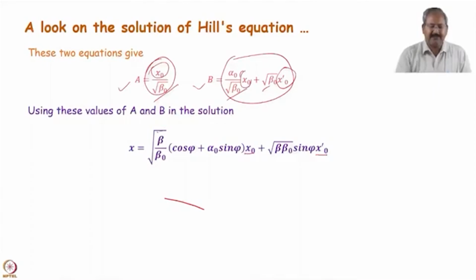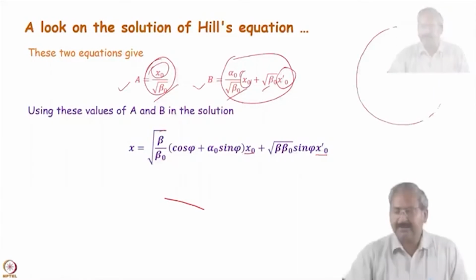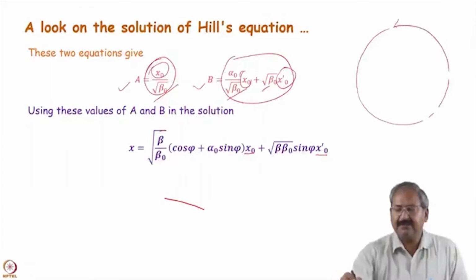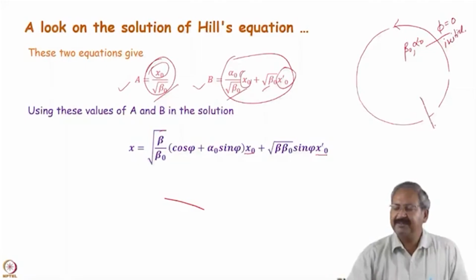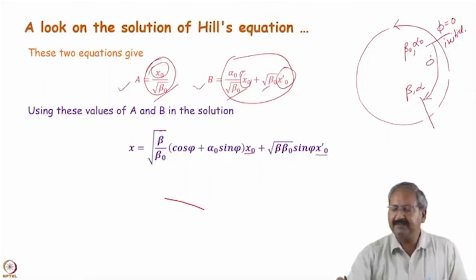Here, suppose this is the orbit of the synchrotron and this is our initial point, where we are defining beta 0, alpha 0 and phi is equal to 0. And the second point is here, where we are talking about beta and alpha, the twiss parameters, and between these the phase advance is phi.